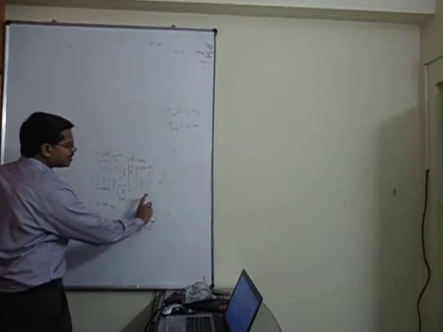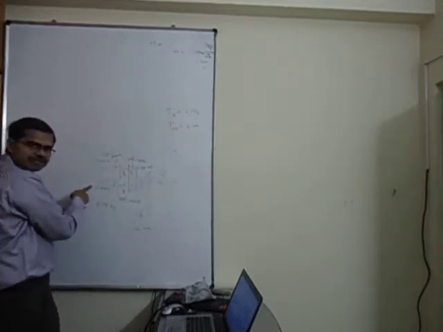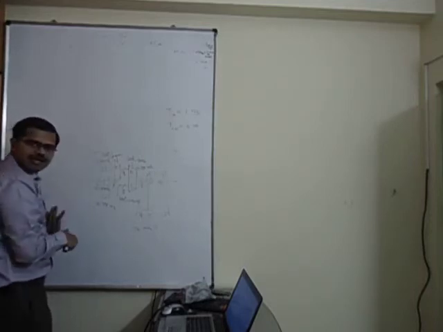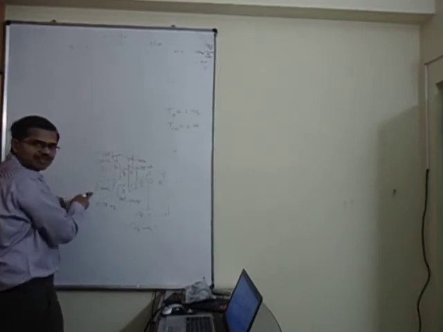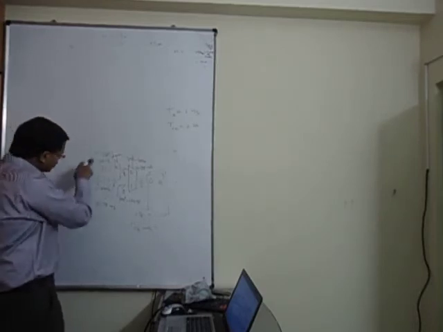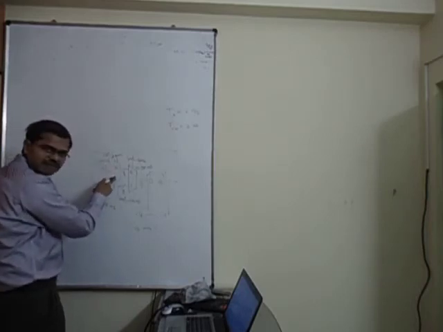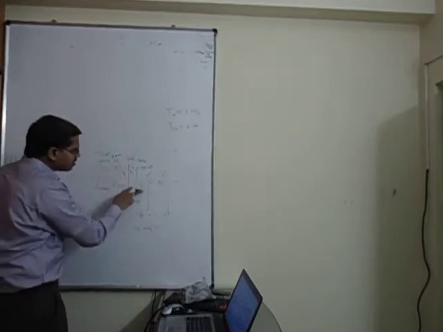To count minimum TCLK, you take the clock to output, after that you have two paths. Here the problem is simple because both have equal delay. But what do you do if they don't? Let's say it is 0.25 and this is 0.35. You have to count the worst case, 0.35. After that, this delay, one more mux. Both muxes have the same delay. Then setup time.